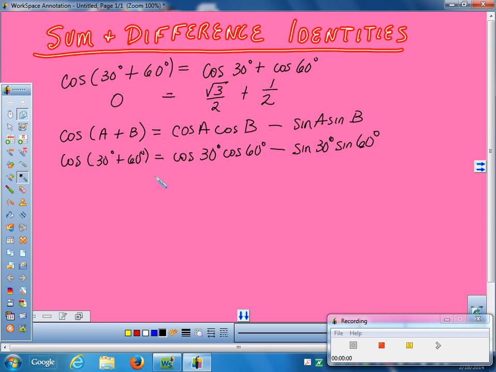With the special angle values, we still know this has to equal 0.